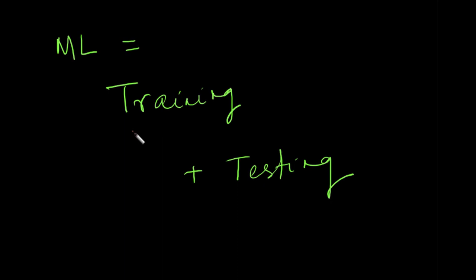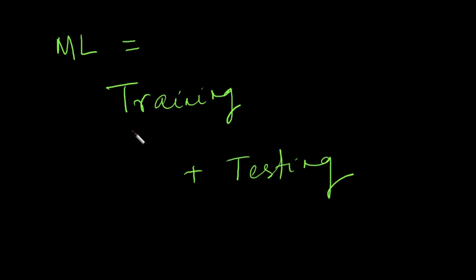So what is training accuracy? You use the training data to train your machine learning algorithm, and once that is done, you apply the algorithm on the same training data. Although the algorithm has been trained on the training data, when you apply it again, you will not get 100% accuracy.